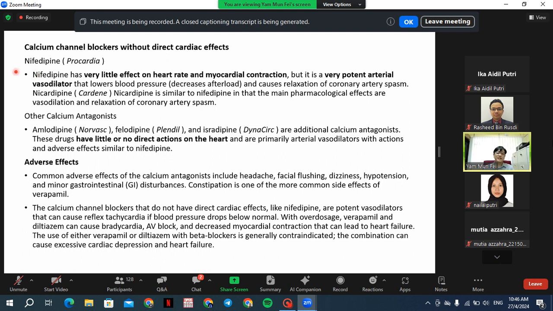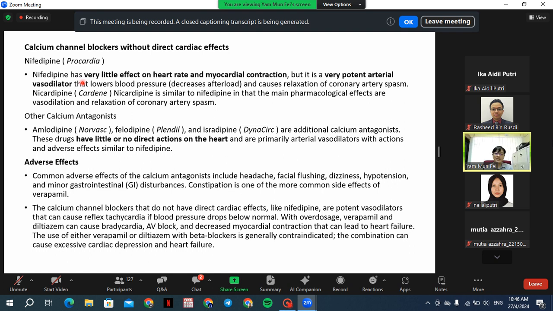There are a few types: one is nifedipine, another is amlodipine, and the other members. Nifedipine basically has very little effect on the heart.